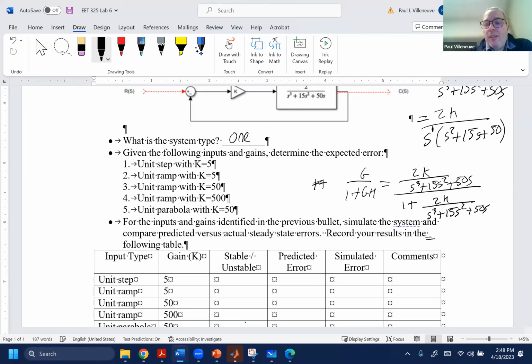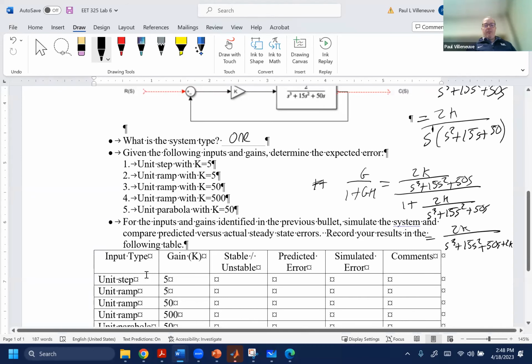That's going to be equal to 2K over S cubed plus 15S squared plus 50S plus 2K, right? That's our closed loop transfer function. So the very first thing we do is check to see if it's a stable system with K equal 5.